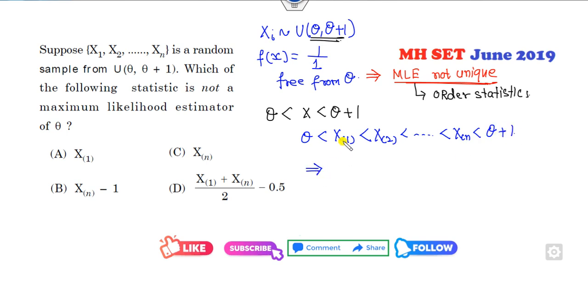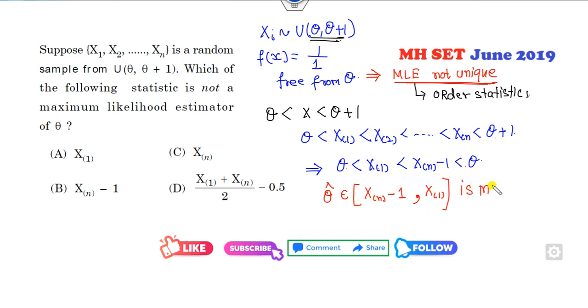Now from here, theta is less than x1, and I can say xn minus 1 is less than theta. So the MLE of theta should be greater than this number and less than that number. Any number which lies in this closed interval is my MLE.